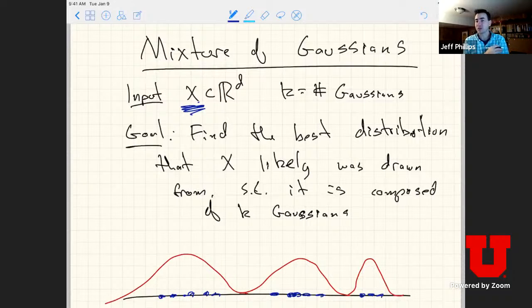If I have 1 Gaussian, we've actually talked about how to do this before. It turns out the maximum likelihood estimator is that I take the mean of all the data and put the center of the Gaussian at the mean of the data. This assumed that we knew what the standard deviation was. We talked about this in 1D, and it turns out that trick extends to multiple dimensions as well. Now we want to fit K Gaussians.